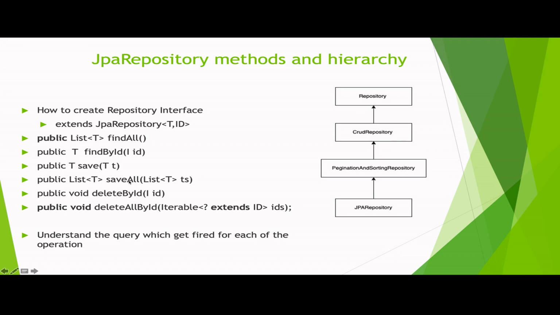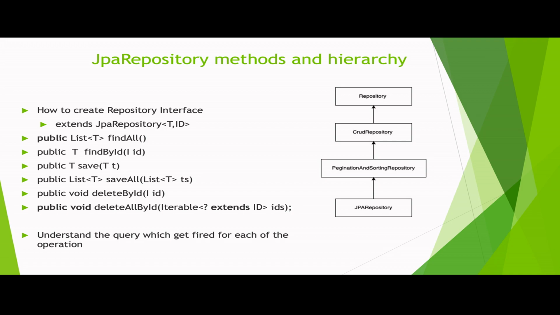Now save all takes a list of the same type of object, which it has to save, and it will return the same list, the persisted list, right?